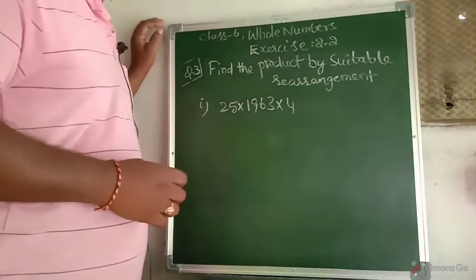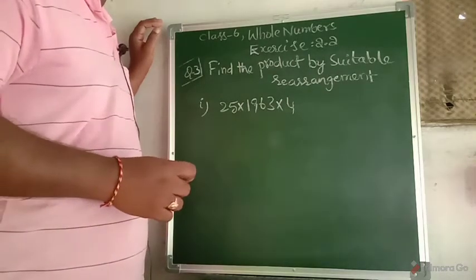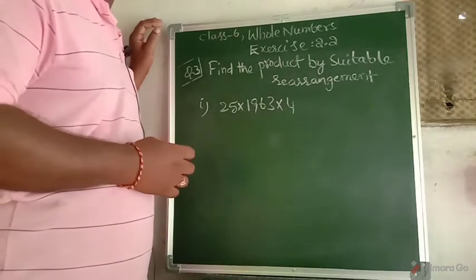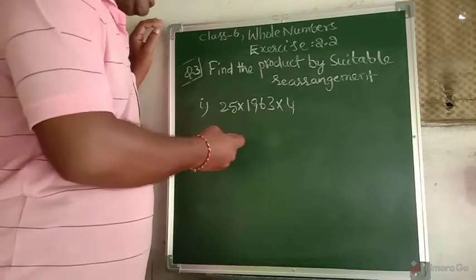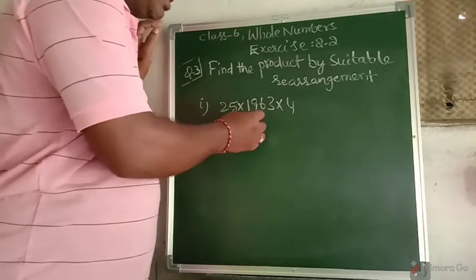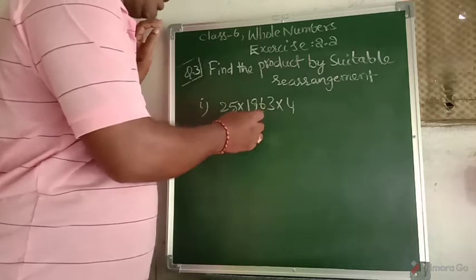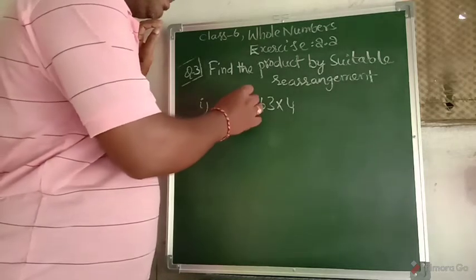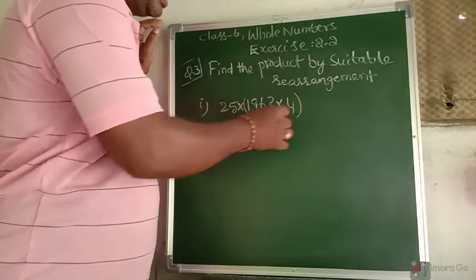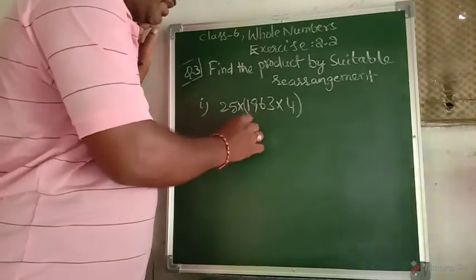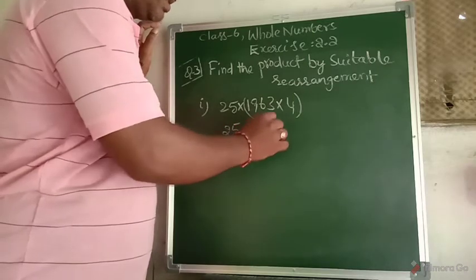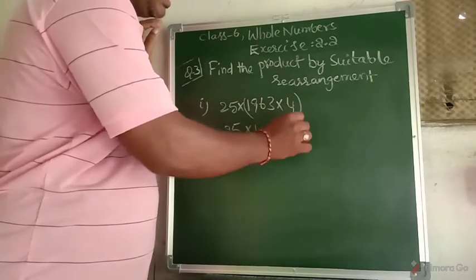So we know the properties of whole numbers. Why don't we use those properties to find the product within a short time? Okay, let us use the commutative property first of all. So here I am going to take the commutative property, then 25 into 4 into 1963.